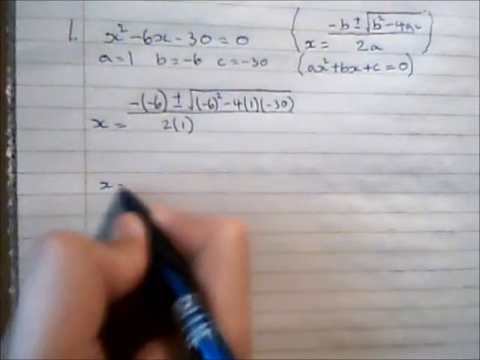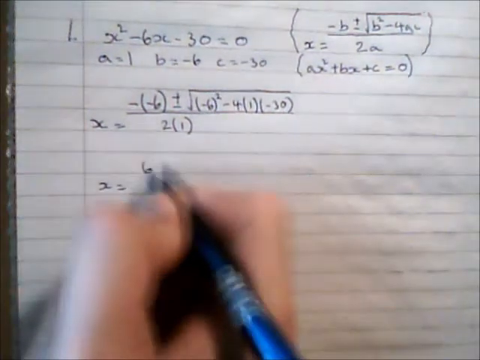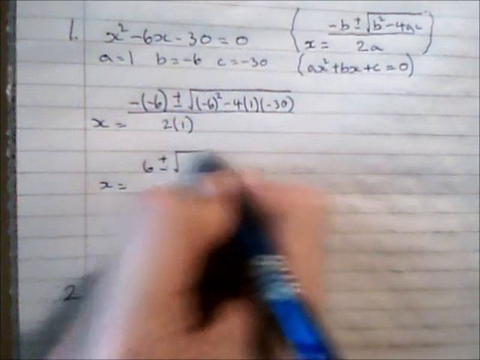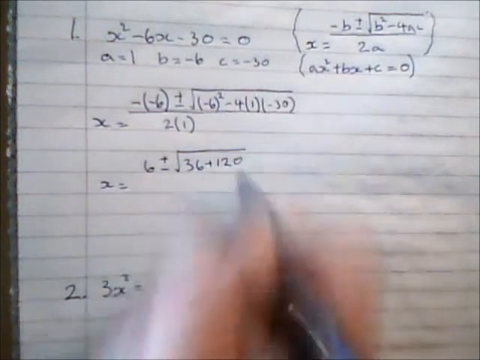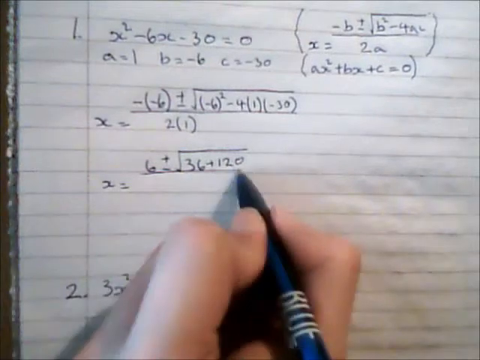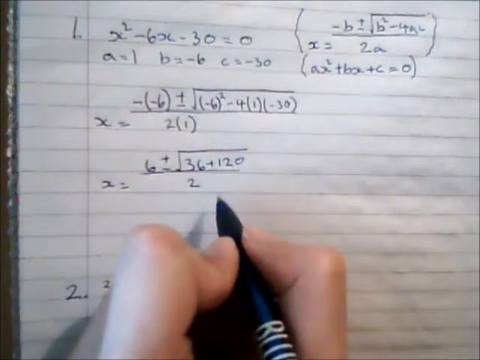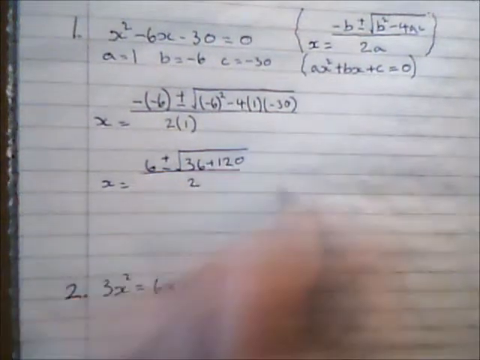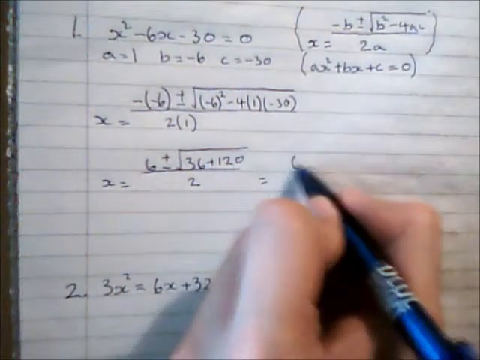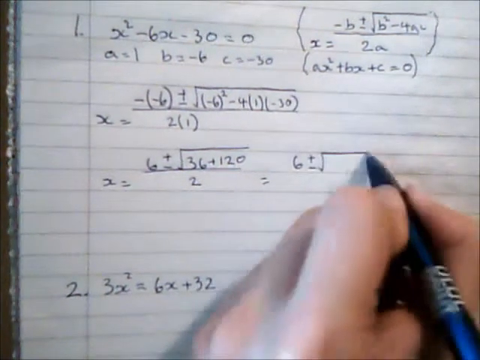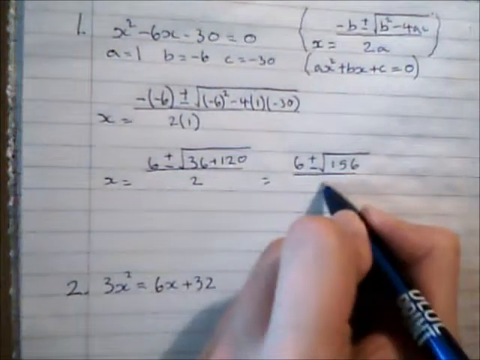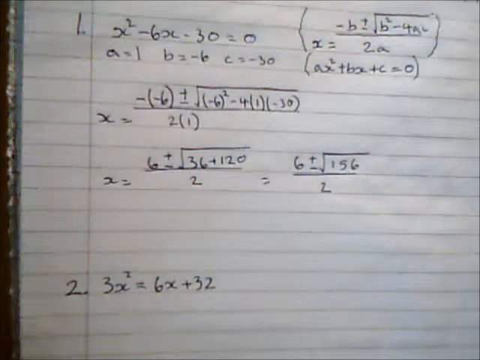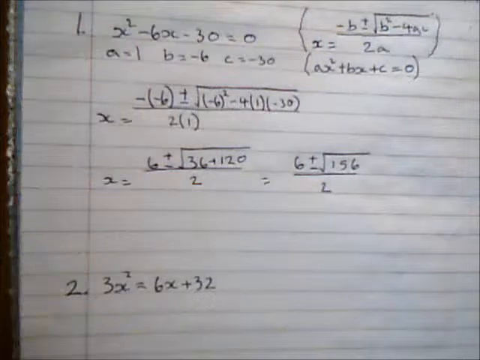So now I'm going to simplify. So x is therefore 6 plus or minus the square root of 36 plus 120 all over 2. So then that's equal to 6 plus or minus the square root of 156 all over 2. Now 156 may have a square factor.